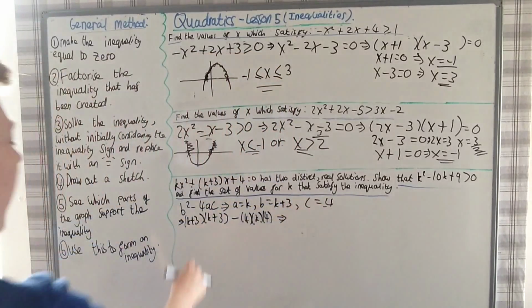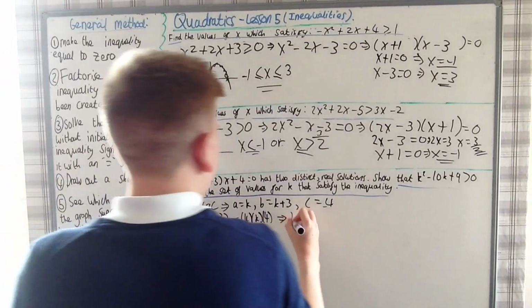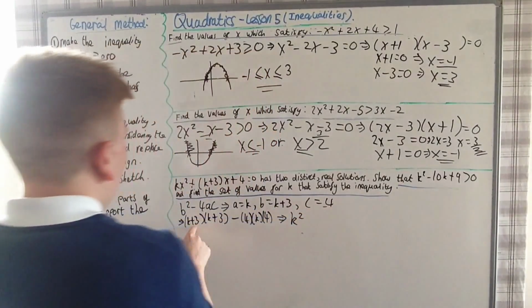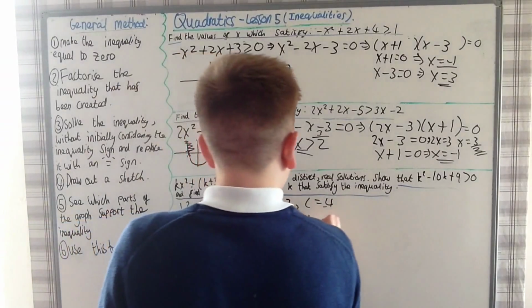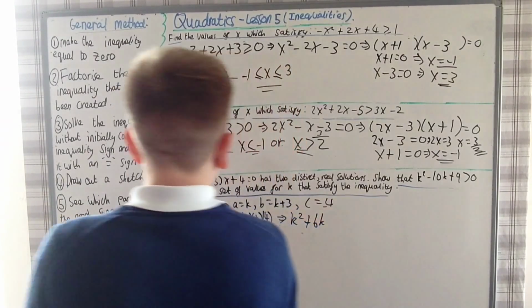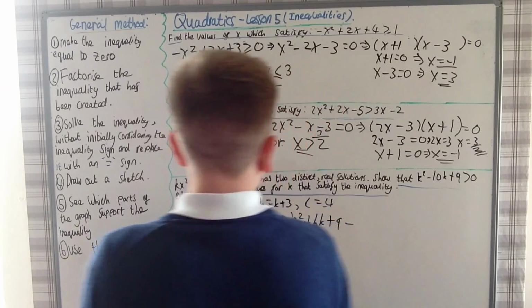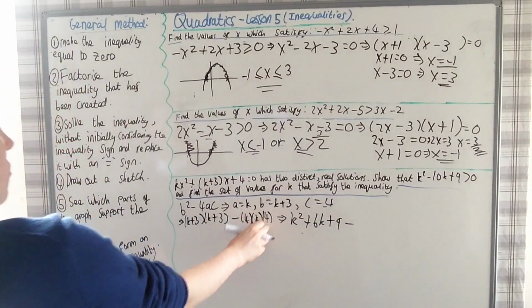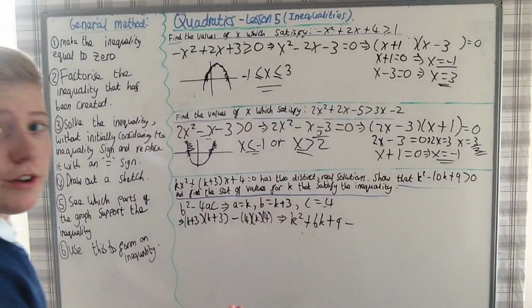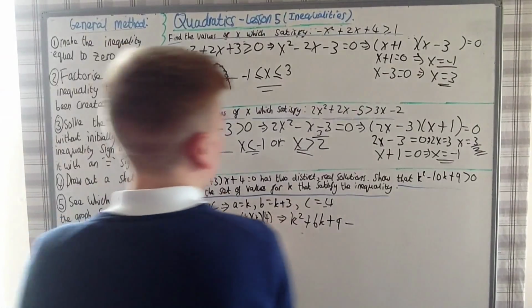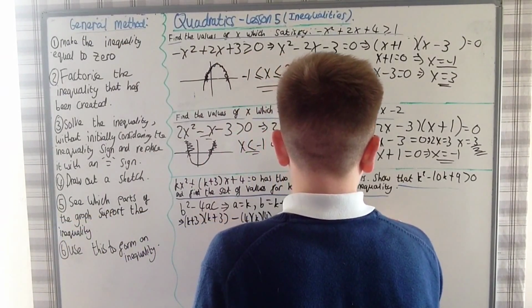Okay? Well, k plus 3 multiplied by k plus 3 gives us k squared, plus 3k plus 3k is plus 6k, and 3 multiplied by 3 gives us 9. And now we're minusing from this 4 multiplied by k multiplied by 4. Well, 4 multiplied by 4 is 16, and 16 multiplied by k is 16k.